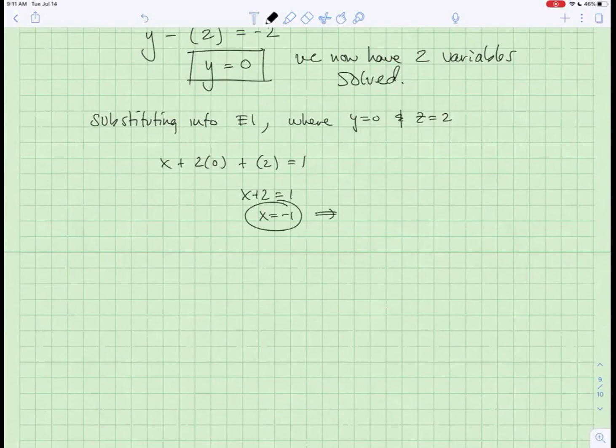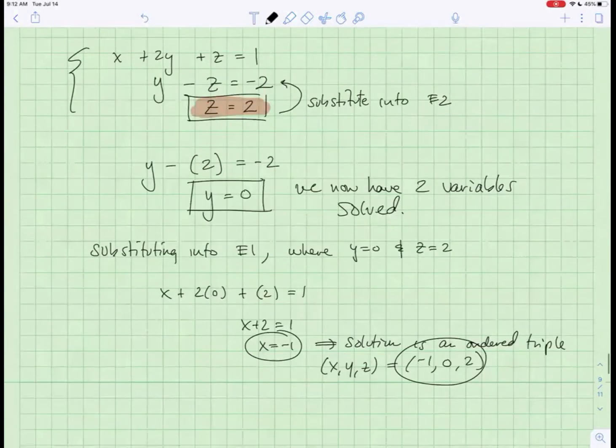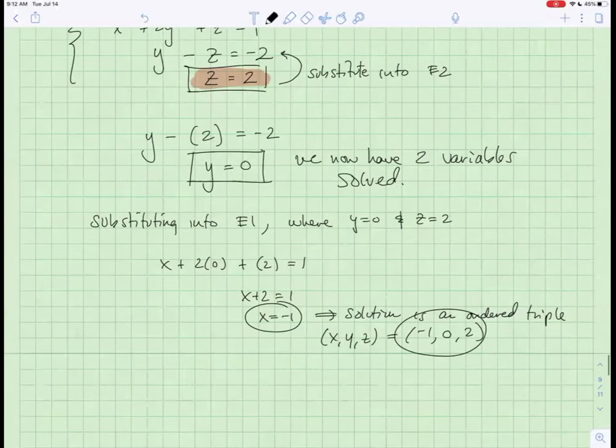And now we have what's called our solution. It's not an ordered pair. Our solution is what's called an ordered triple, x, y, z, and it is negative 1, 0, 2. And if we take those values and go back to the original equation, let's go back here.